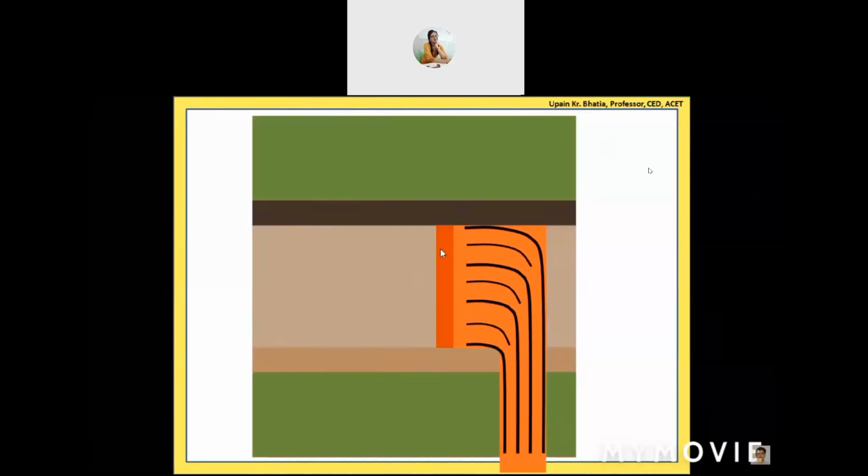So the water going through this will ultimately be merging here, and here and here will be merging over here. They are provided in this fashion. The top level of all these walls is at the same level, a little above the canal bed level.